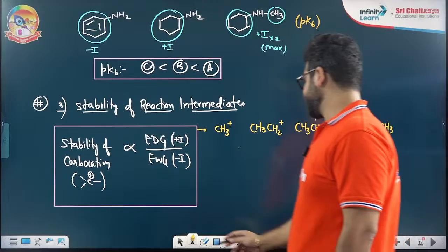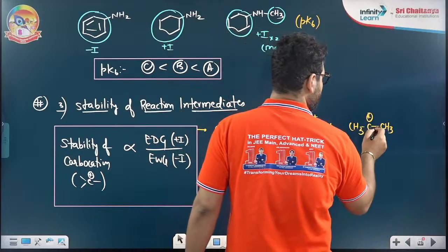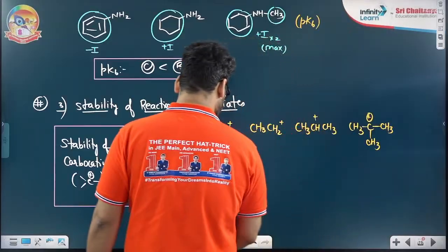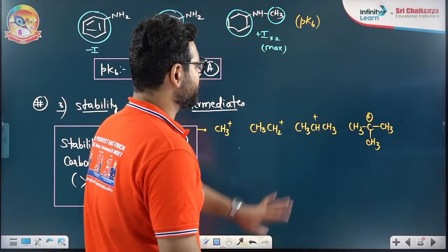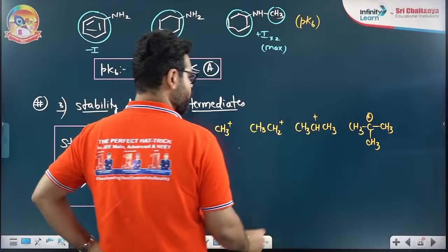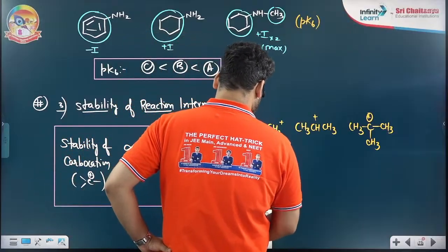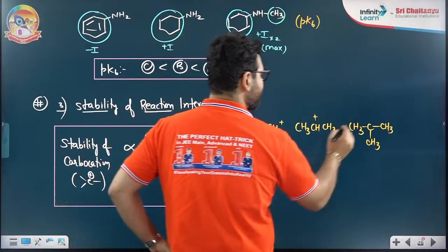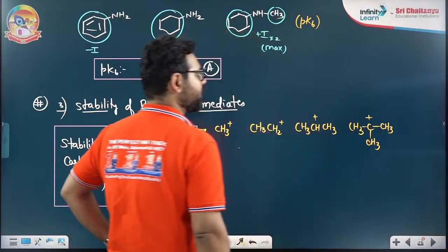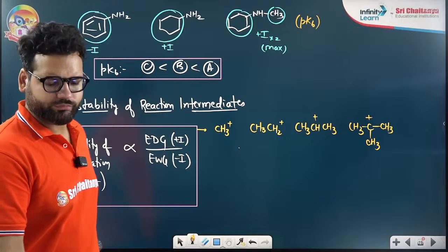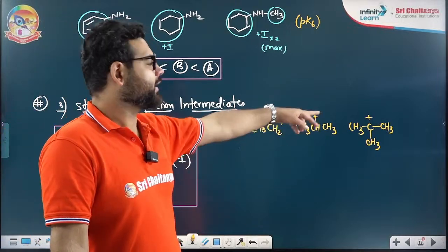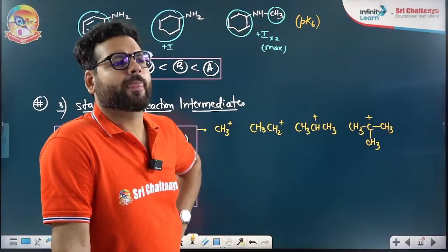This is the basic example which every book will tell, the very first. In NCERT also you will get it like this. You can also call them primary, secondary, tertiary carbocation. First one is also primary.